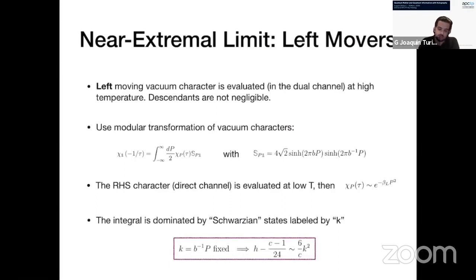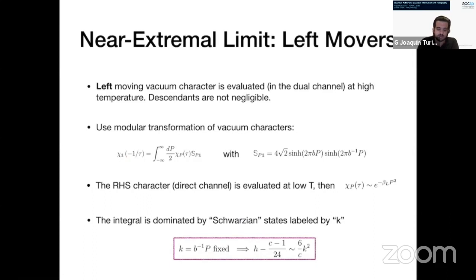And to do this, the simplest way is to use the modular transformation of the characters. So this should be interpreted as the character in the dual channel, and this in the original channel that we wanted to quantize in. There is an explicit formula for this character, so you can show it, and this modular S matrix has this form. On the right-hand side, in the direct channel, we are looking at low temperatures, so the descendants are negligible.